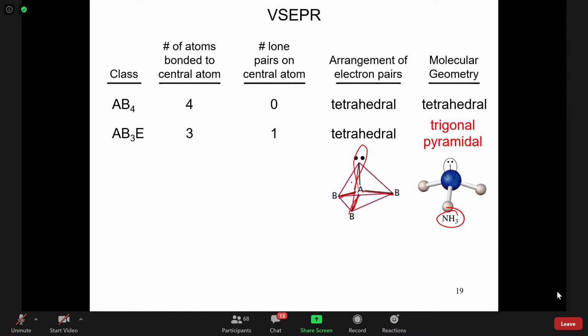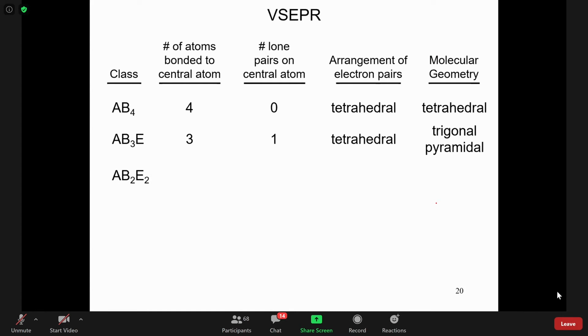And it's going to end up giving us a tetrahedral structure if we consider all of them. But if we just want to think about the actual bonds, we have trigonal pyramidal. And that is the difference for NH3 between the electron pair geometry and the molecular geometry.